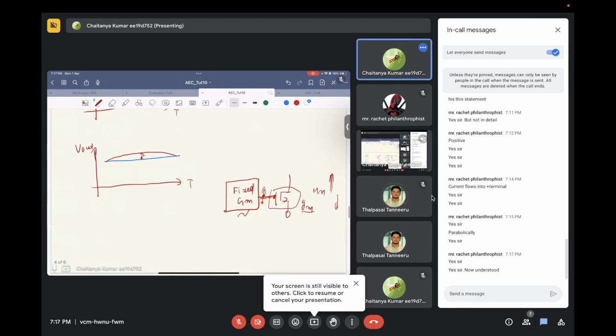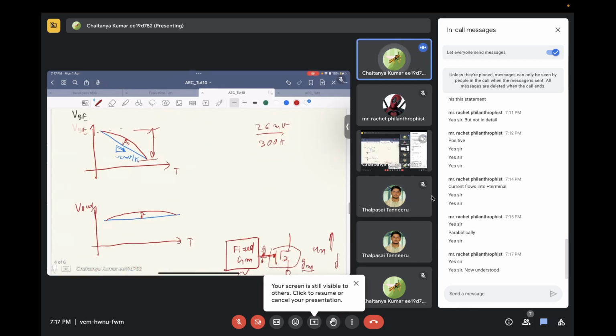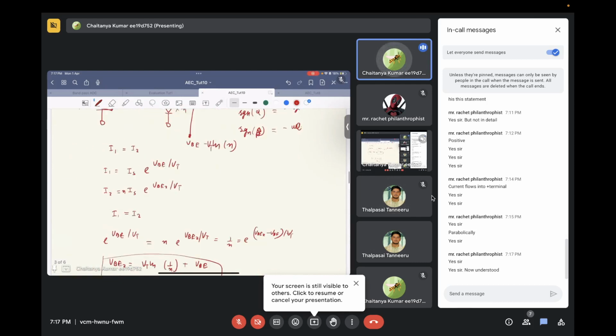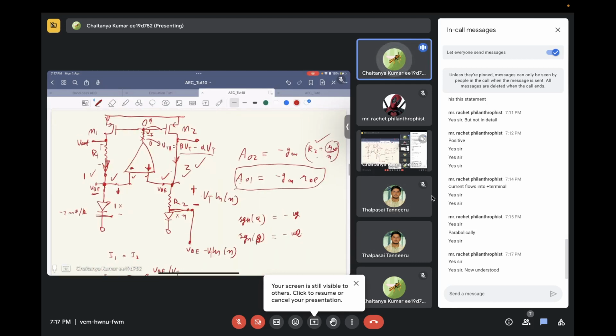Now let's see one drawback of this particular band gap reference generator. We say that this output voltage is 1.2 volts or 1.25 volts, something like that, correct?